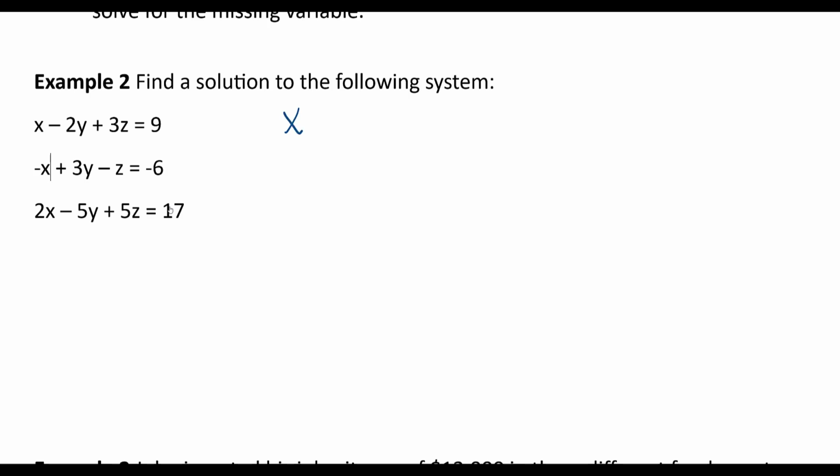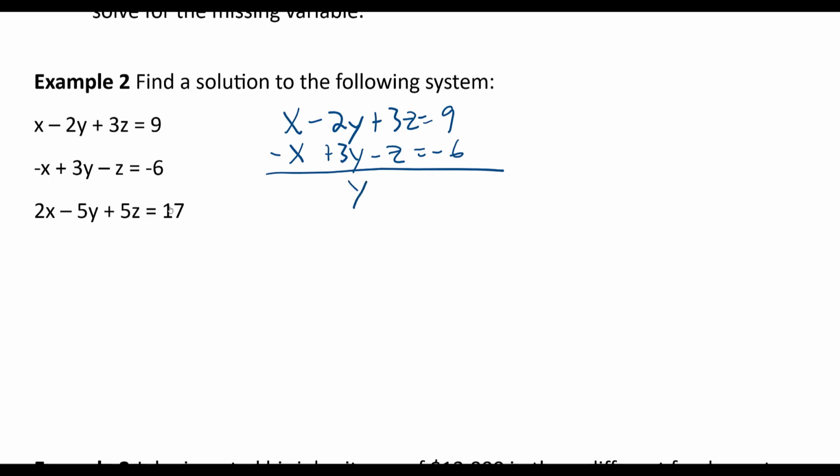So in the first one, I have x minus 2y plus 3z equals 9, and -x plus 3y minus z equals -6. So the x and -x go away. -2y and positive 3y is y. 3z minus z is 2z. And we get 9 minus 6 is 3. Okay, so there's one equation.